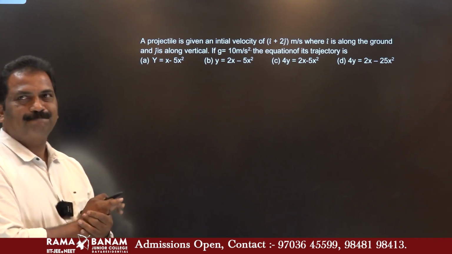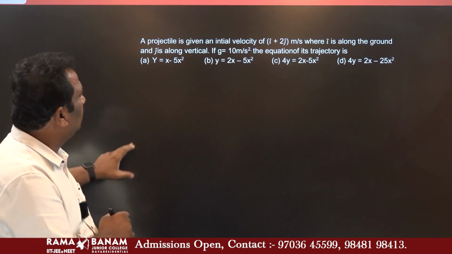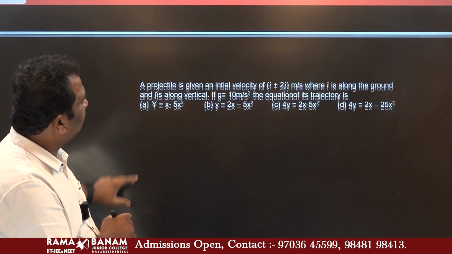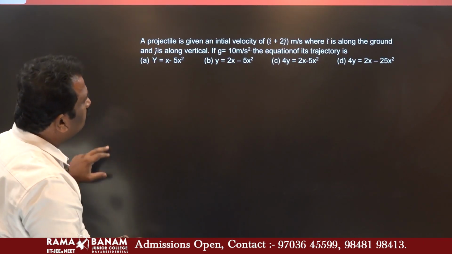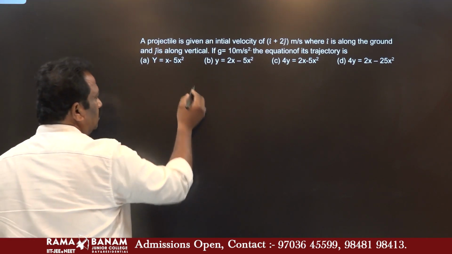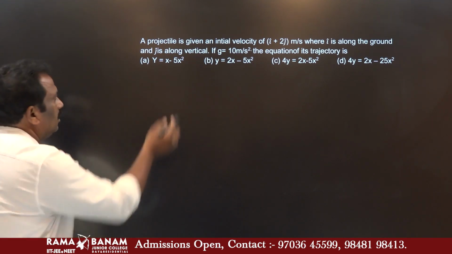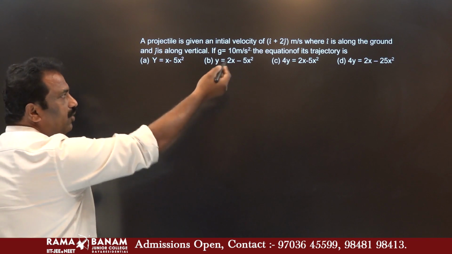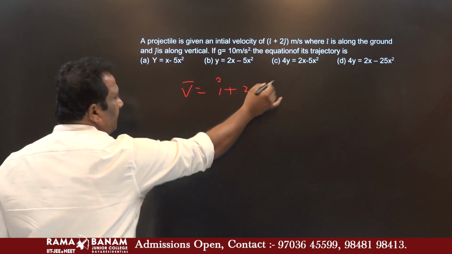Okay, the initial velocity vector is given. Then V bar is equal to I plus 2j.